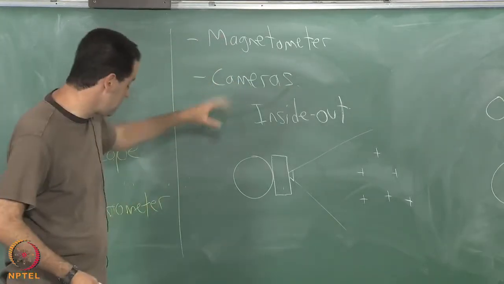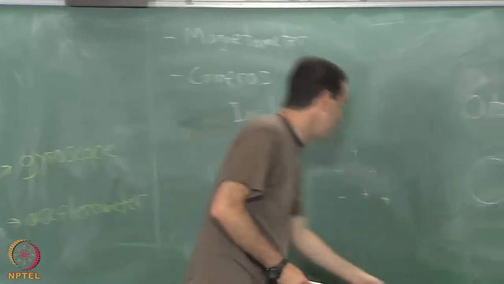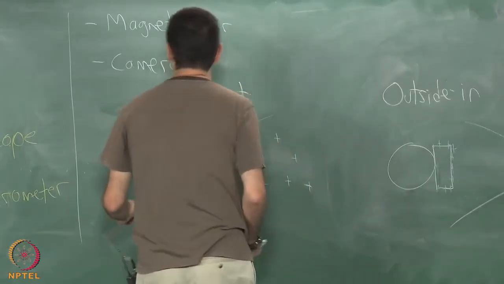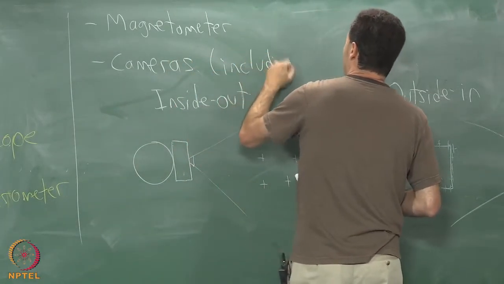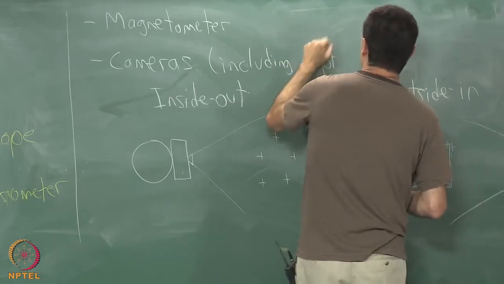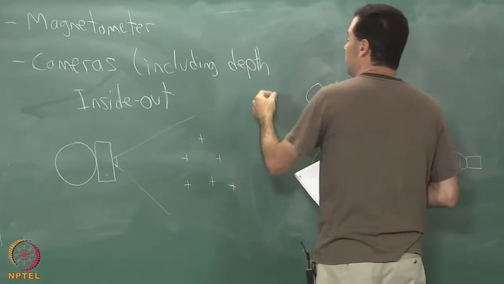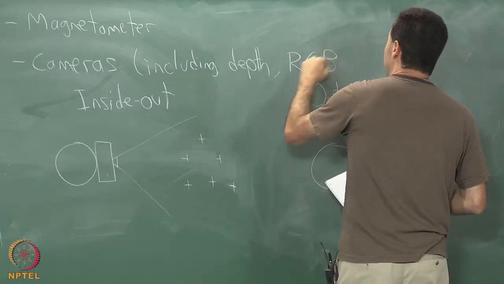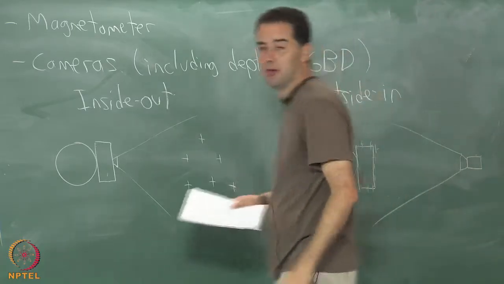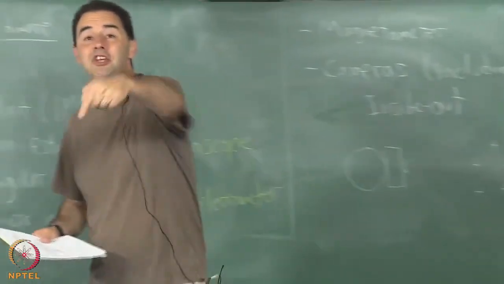And of course you can add depth information to the cameras. Like information provided by the Kinect using current technology to give you what are called RGBD sensors, giving you color and distance information.